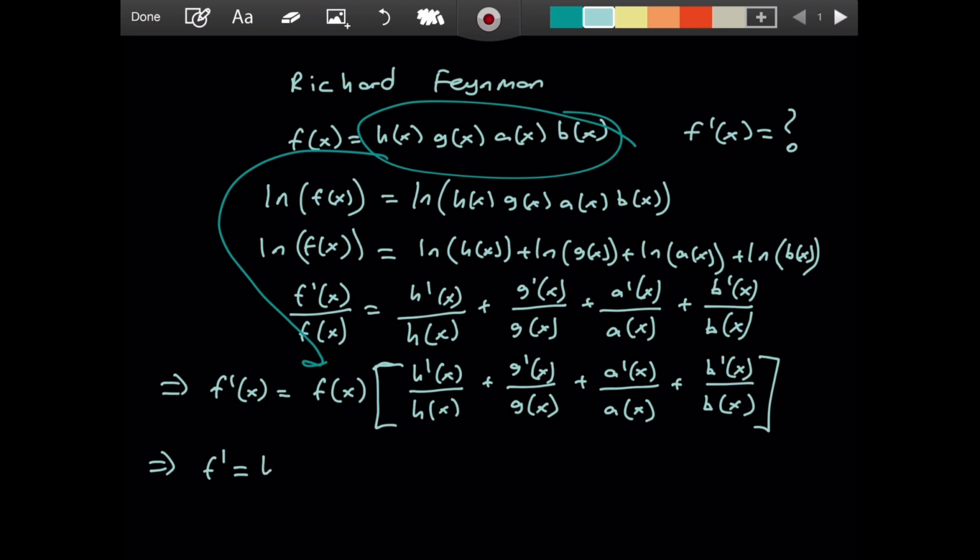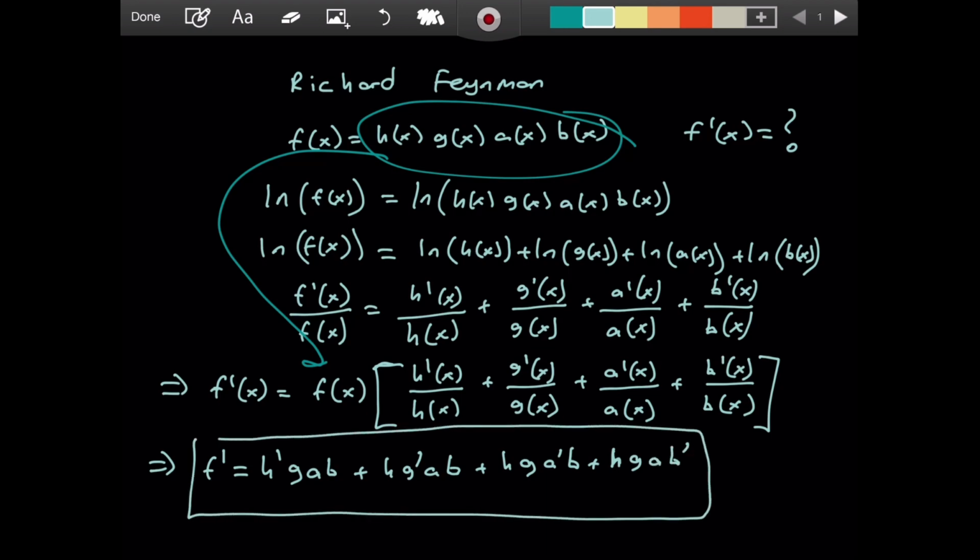The result is h prime g a b plus h g prime a b plus h g a prime b plus h g a b prime. Okay, this is the general product rule actually.